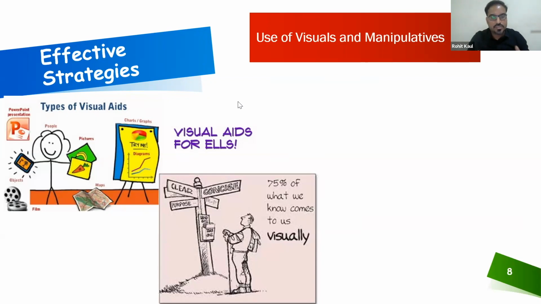Some children learn more through visual mediums, and some learn by doing. Some are kinesthetic learners. So you have to plan accordingly, thinking about what kind of aids you are going to give them.